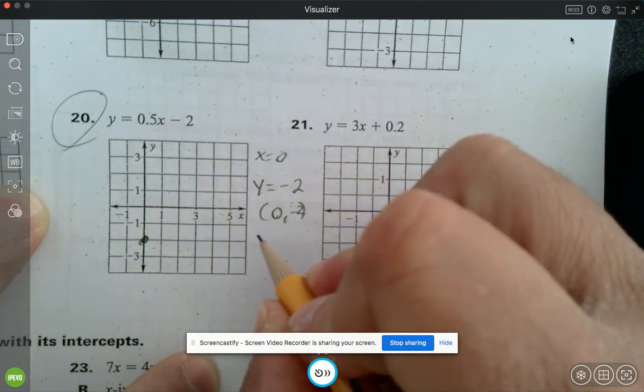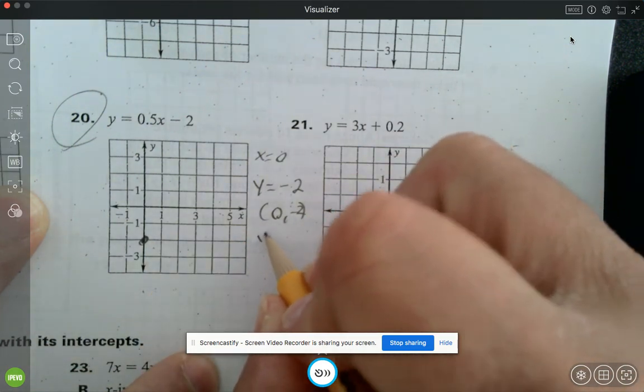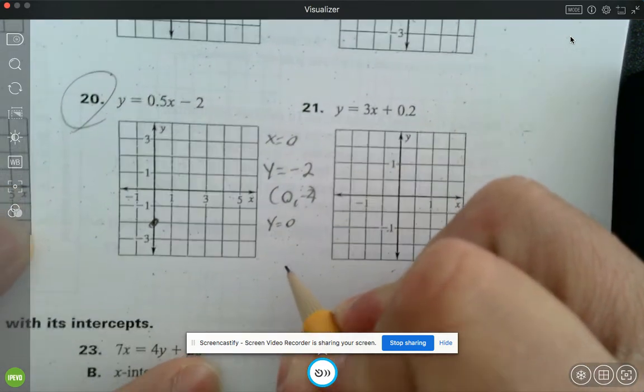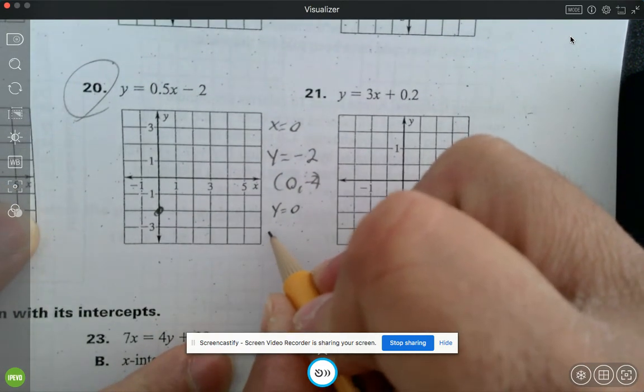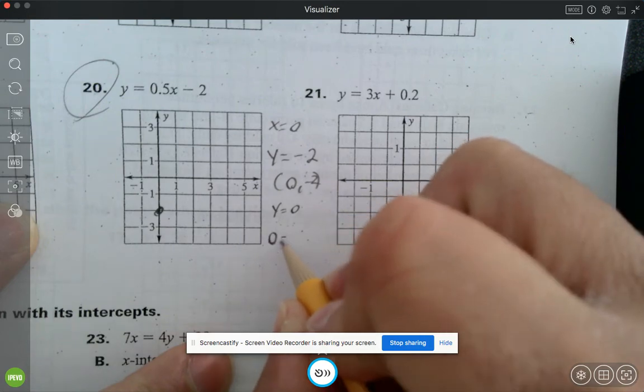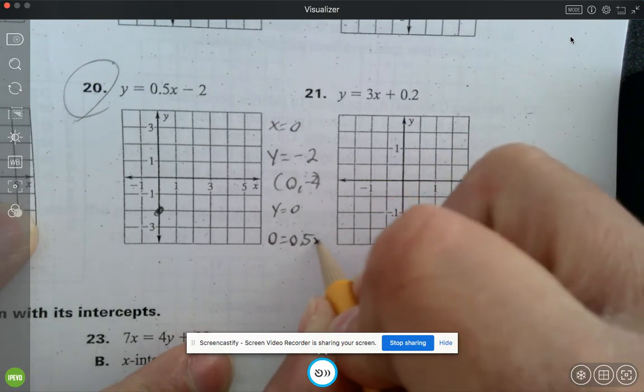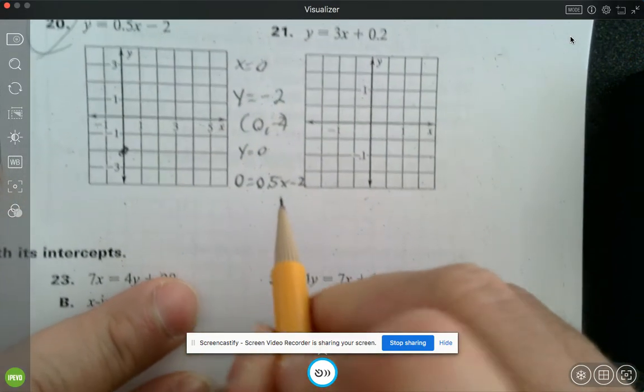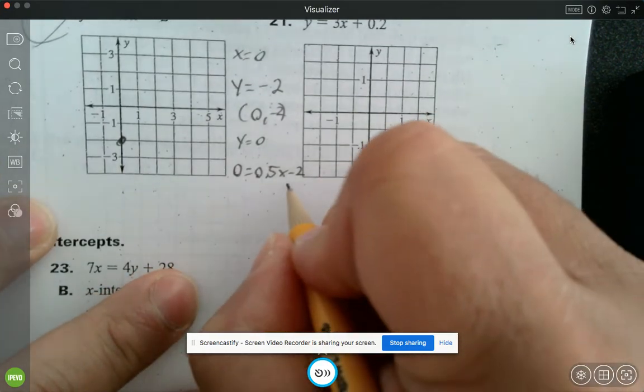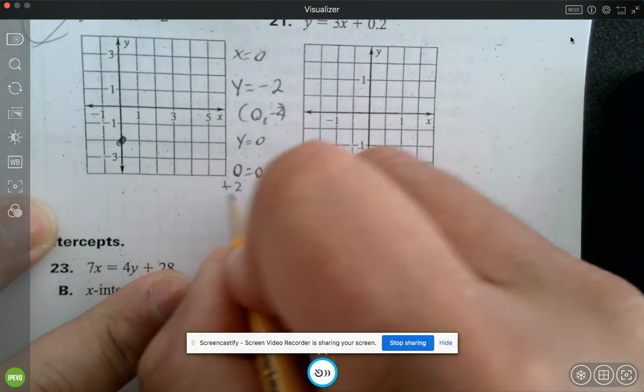Now if I want to get my x-intercept, I'm going to make y equal to 0. And this is where things look a little strange. So now I'm left with 0 equals 0.5x minus 2. I'm going to solve for x, so I'm going to add 2 to both sides.